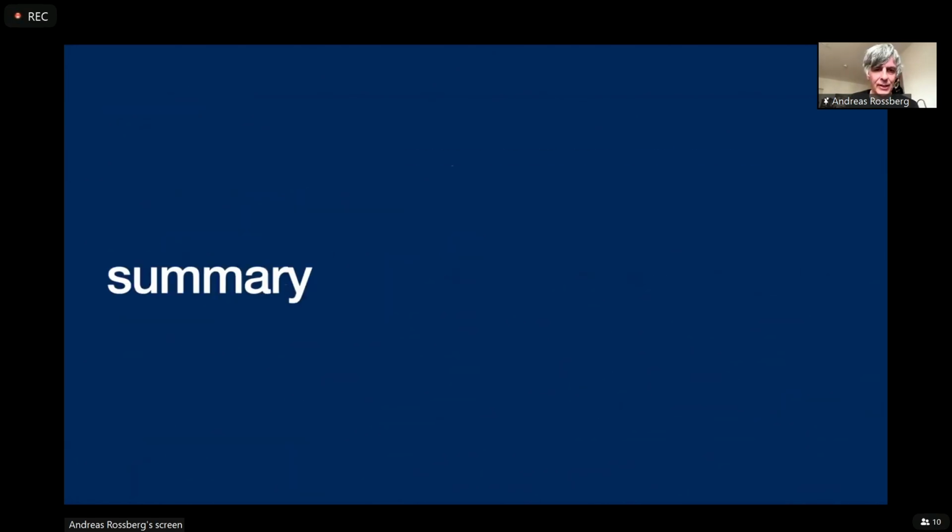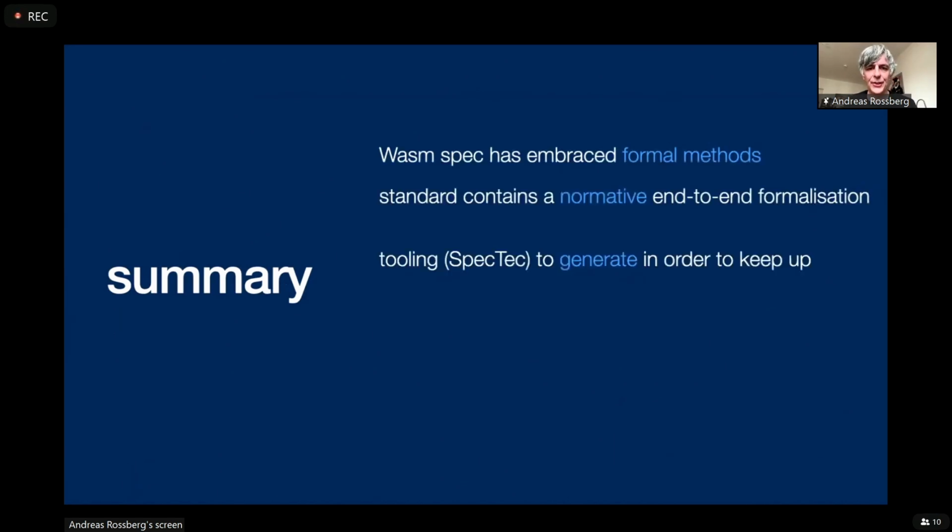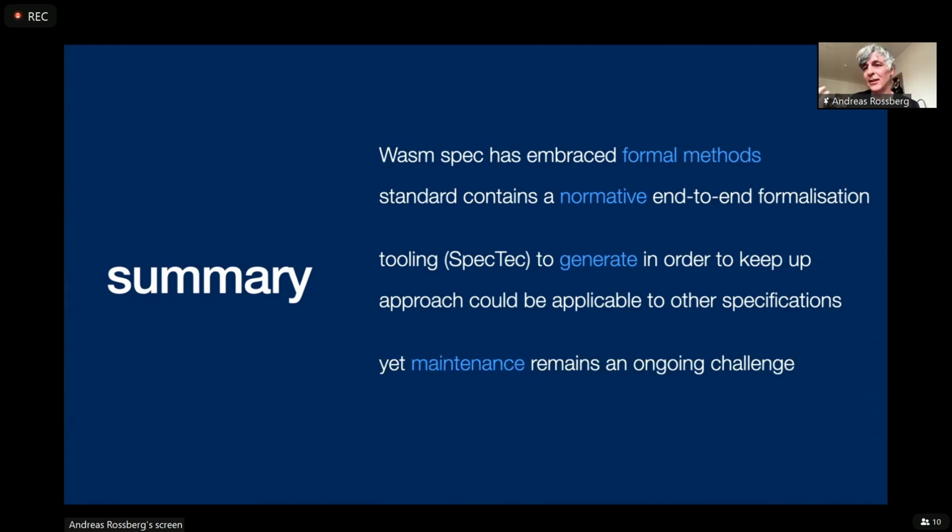Yeah, so I'm running out of time, so I should sum up. WebAssembly has really embraced formal methods at this point, which I think is good, but that doesn't mean that all the problems are solved. And we have ongoing work of trying to solve some of them, but obviously it remains a problem in practice.